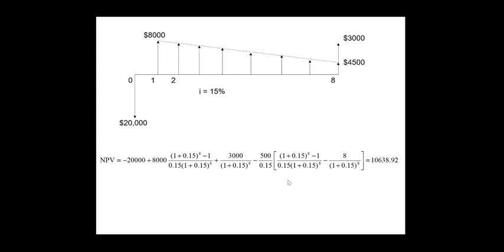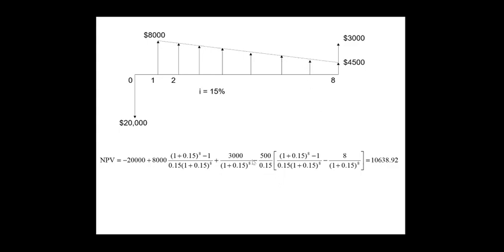Okay, then we minus the present worth of the arithmetic gradient series, because the incomes decrease year by year by the amount of 500.